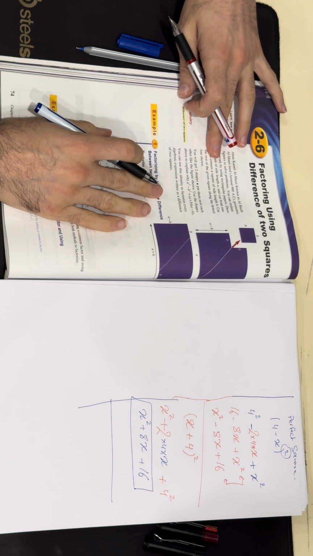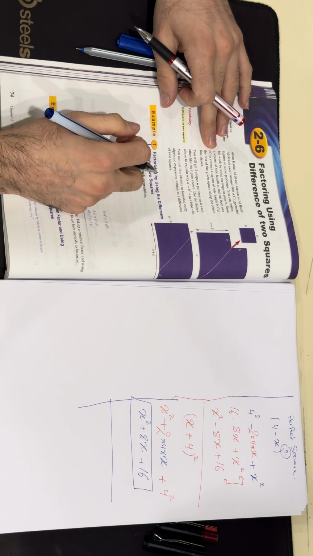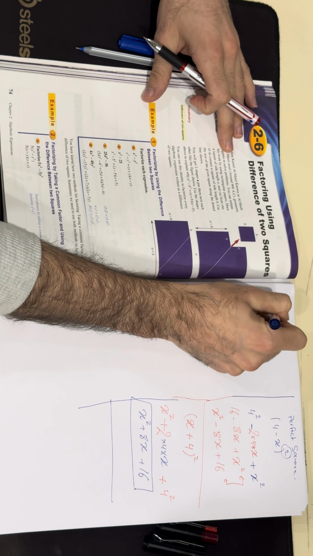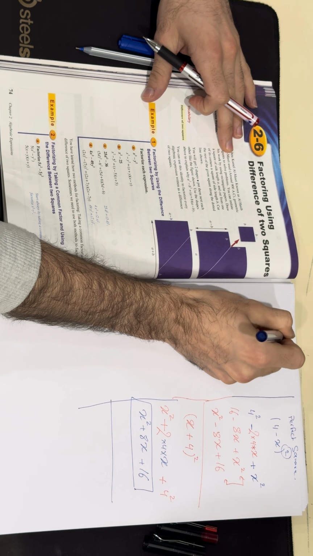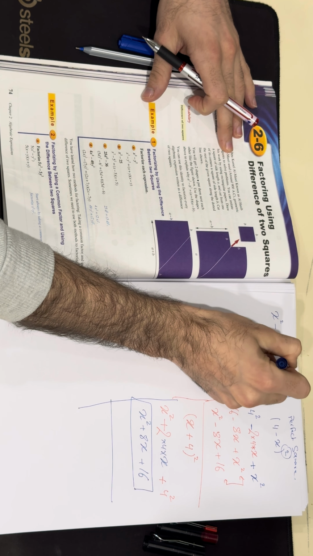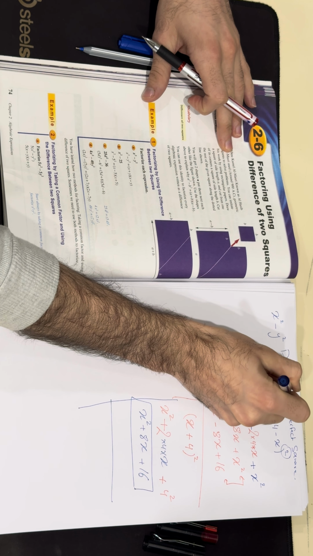But in today's topic, we have something else, which is called factorize by using difference of two squares, which is x power 2 minus y power 2. So this one is a difference of two squares.